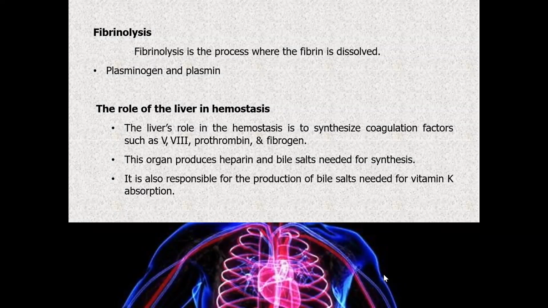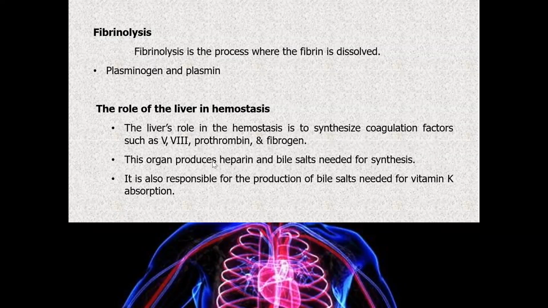So that's why, if a patient has a liver injury, they can suffer from bleeding, right? Because their clotting factors are no longer enough since the liver is damaged. Okay? So the liver's role in hemostasis is to synthesize coagulation factors such as factor 5, factor 8, prothrombin, and fibrinogen.